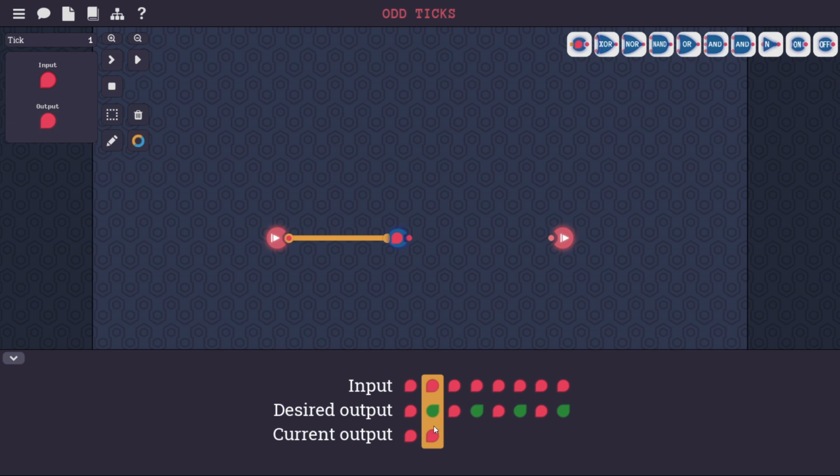Our input is off, but we get an on. So that means we need something that is able to turn it on. And that will be something like this.